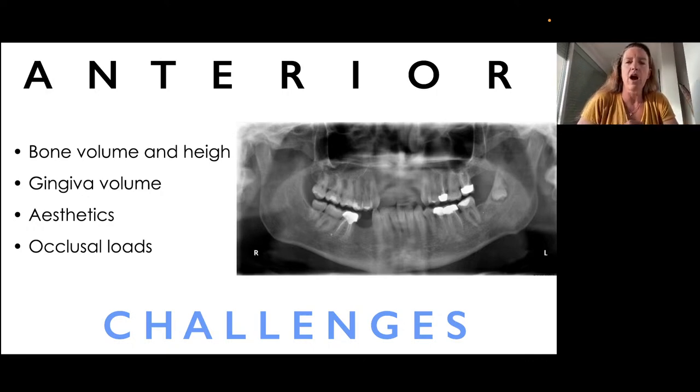Now, how many implants should we place? How many implants are adequate for this? And of course, each case is one case, but how many implants do you usually place?